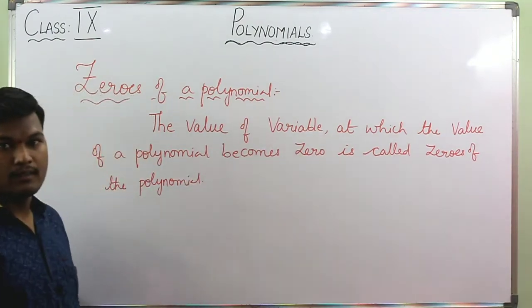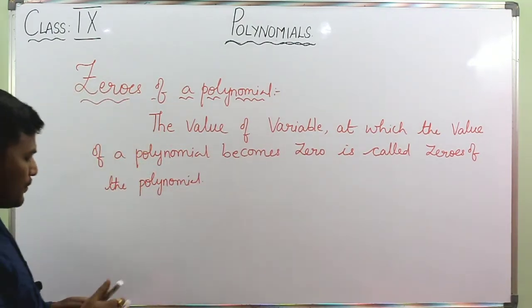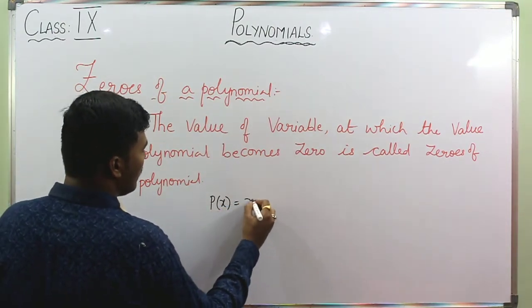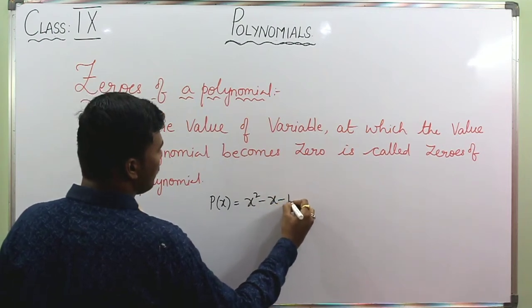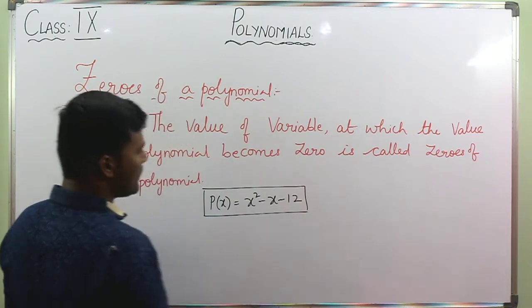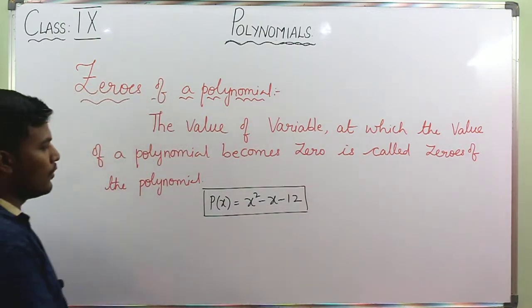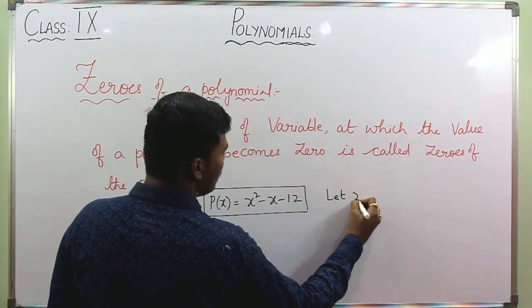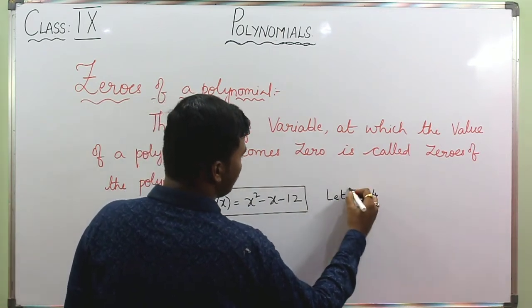Okay, what does it mean? Suppose I have a polynomial p of x is equal to x square minus x minus 12. This is a polynomial, represented with p of x. In this, let x is equal to 4.